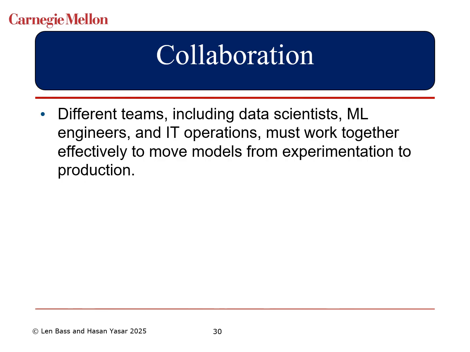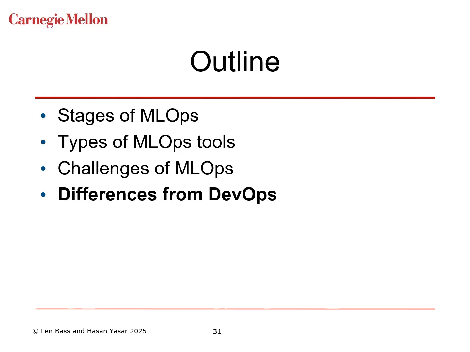And that's a problem with machine learning, because inherently you have software engineers, you have machine learning engineers, you have data scientists, and the software engineers may in turn have different specialties. And so the notion of collaboration becomes complicated.